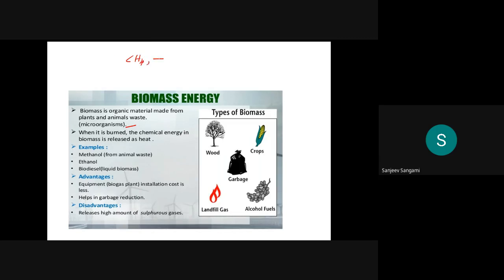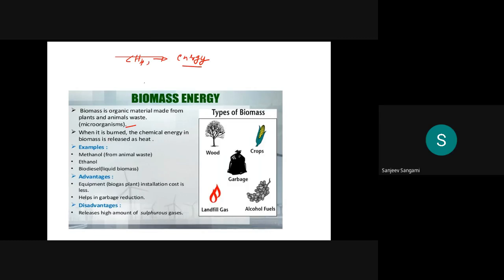This methane gas acts like an energy carrier. So from this they are going to generate it. This is one way of producing energy.